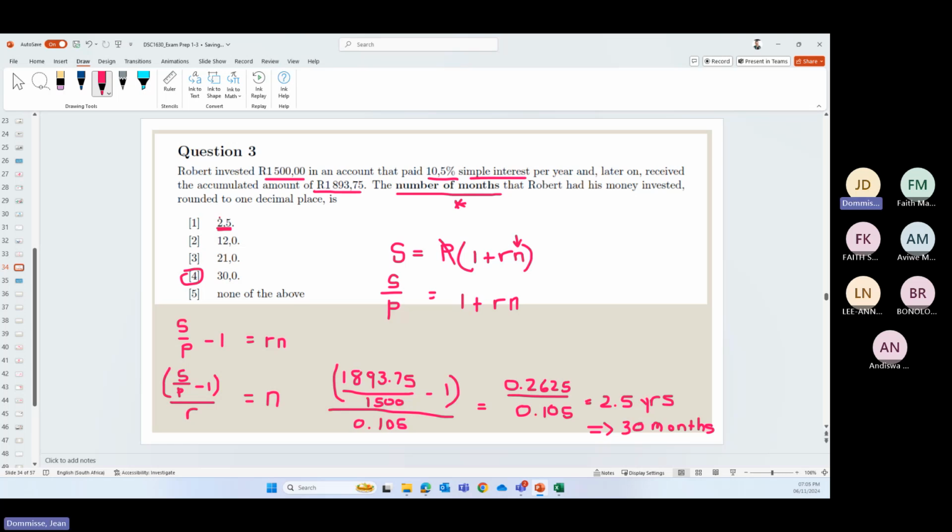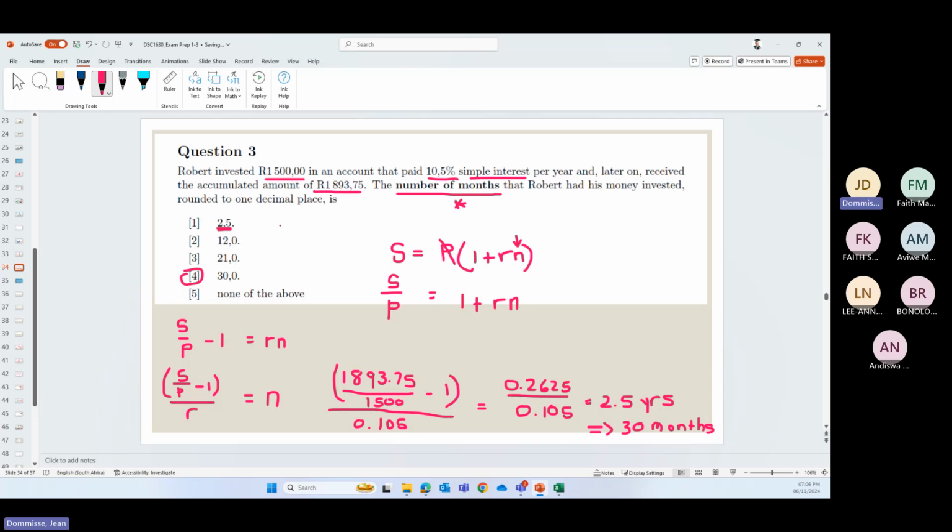It might be that we're rushing, we get the 2.5, we see 2.5, in the exam we pick it, we go to the next question and nearly forgotten that they said, but hang on, we don't want it in years, we want it in number of months.